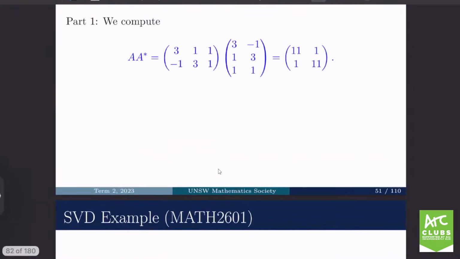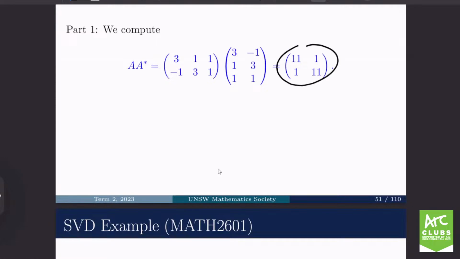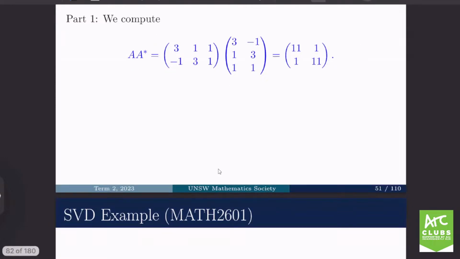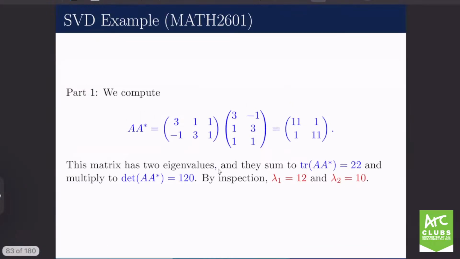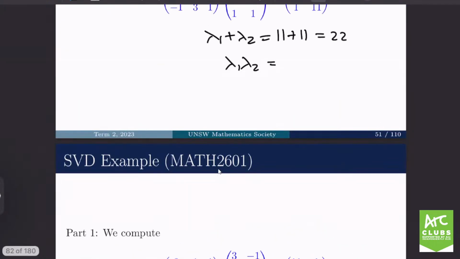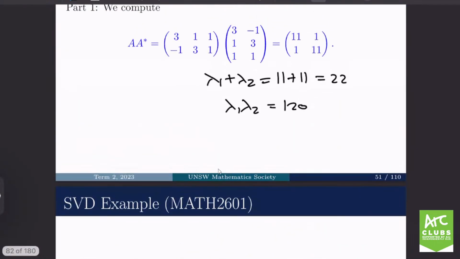So we'll first compute A A star. A A star equals this matrix here. Okay, and so you can see that the eigenvalues must add to 11 plus 11 equals 22, and they must multiply to give us 120, which is 11 times 11 minus 1.